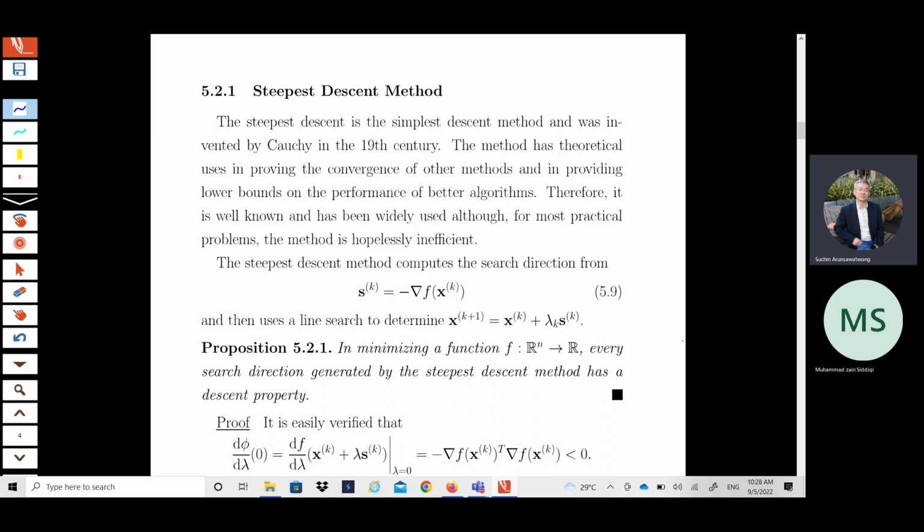It converges very slowly. Why? Because the steepest descent has a linear convergence. After this course, you will see the steepest descent has a linear rate of convergence. So it is not fast. And even with the optimum line search, when you implement it with a fixed step size, the performance is even worse.